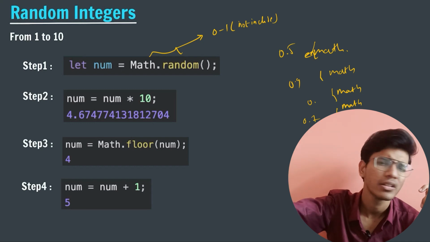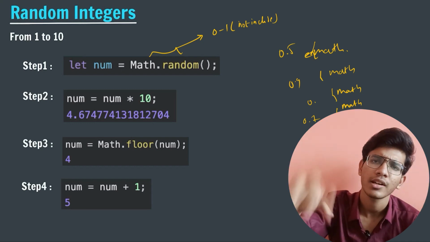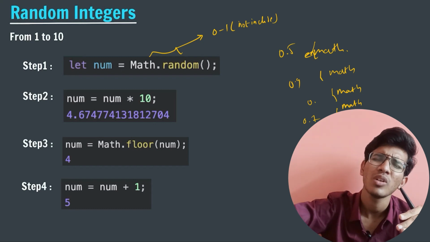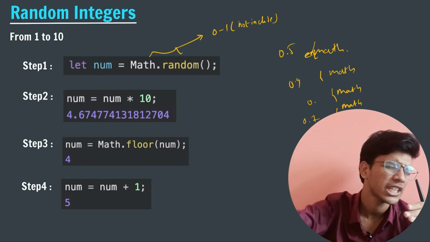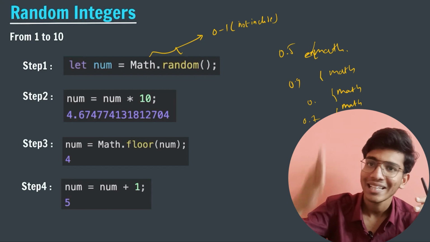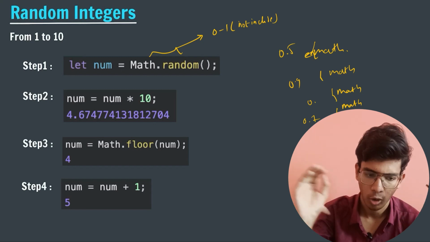Whenever you generate Math.random, it will give you a random value from 0 to 1, but here 1 is not included. Okay, got it.